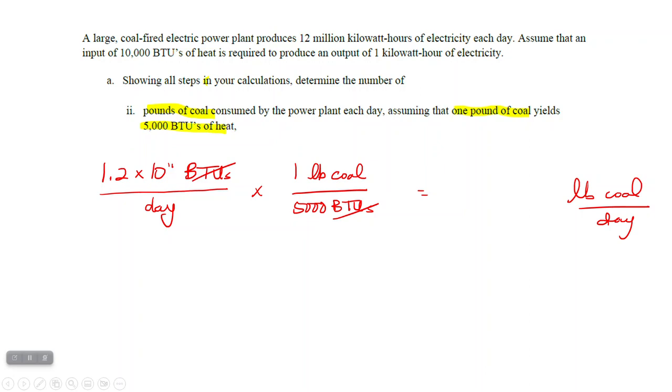And my answer ends up being 2.4 times 10 to the 7th pounds of coal per day, which is going to be 24 million, I believe. Yes, that's a million.